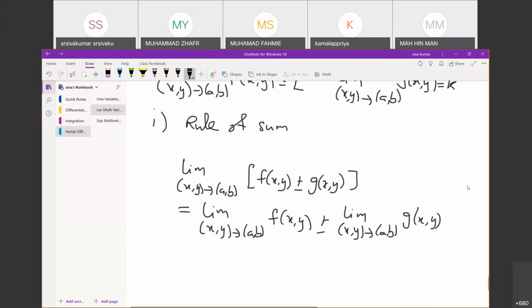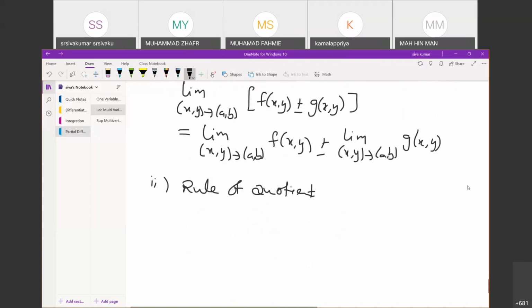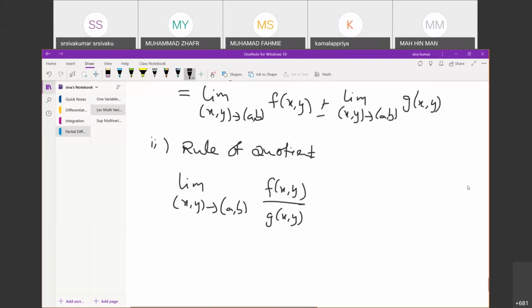This is one rule, and there are also the rule of quotient, rule of product, and so on. But very important is the rule of quotient. I'll take this one very quickly, because I worry I can't finish the syllabus otherwise. Limit (x,y) approaching (a,b) of f(x,y) divided by g(x,y).